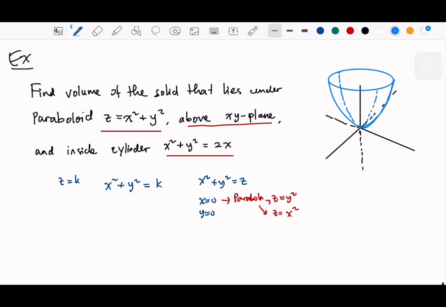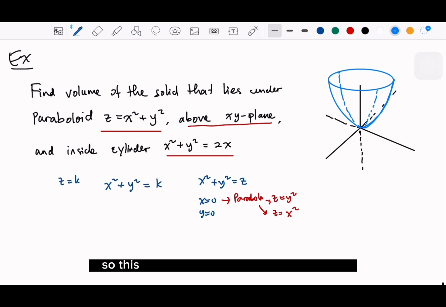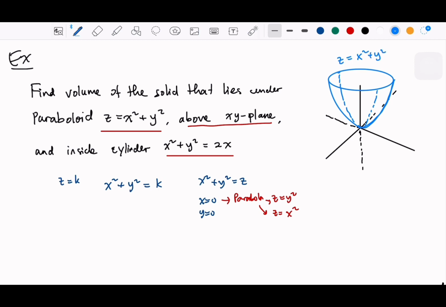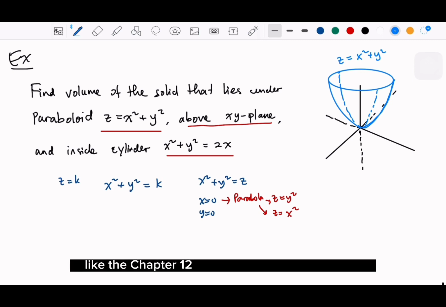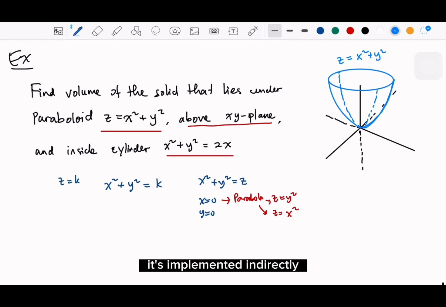So this is z equal x squared plus y squared. Like the chapter 12 that we have learned before, it's implemented indirectly within most of the questions in chapter 15. Okay. So I hope you still remember how to trace the graphs.